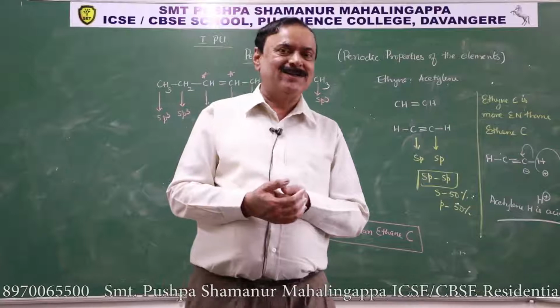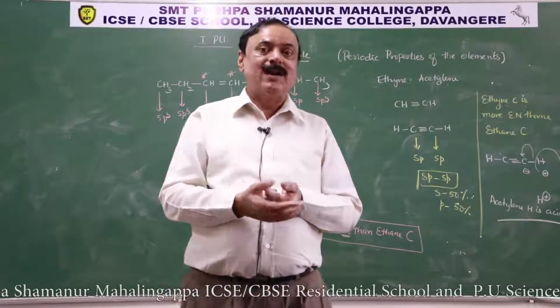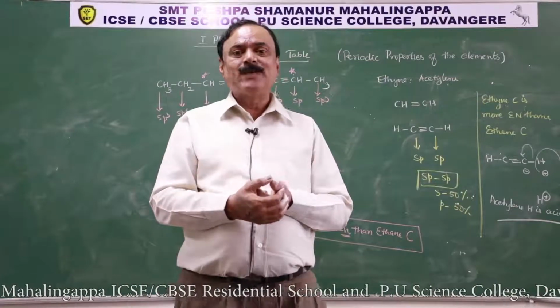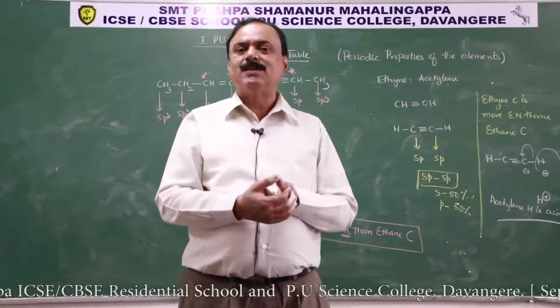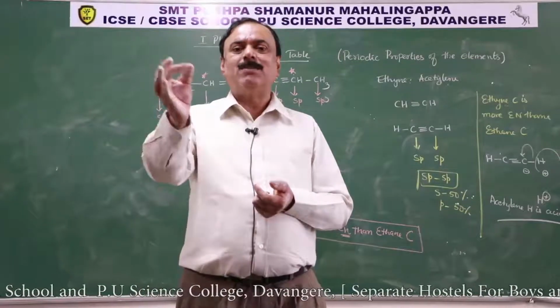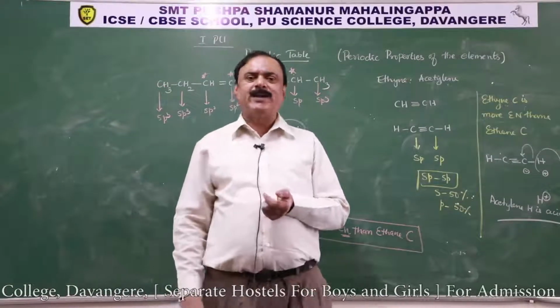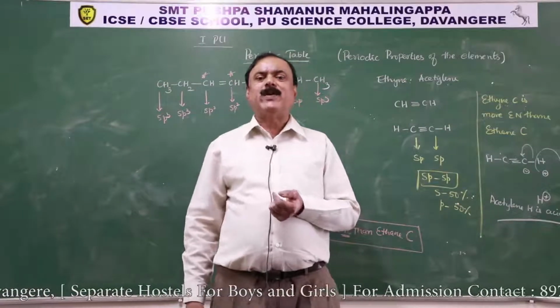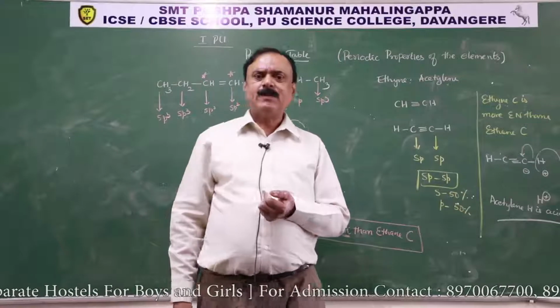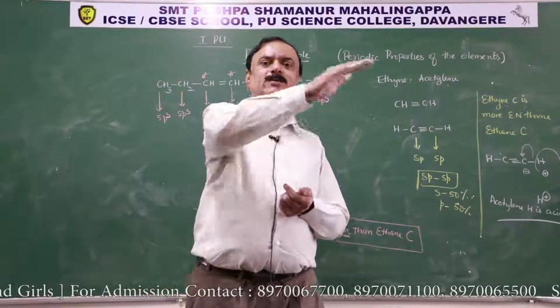Very important: does ethane react with sodium metal, or ethylene, or acetylene? Only acetylene reacts with sodium and gives bubbles of hydrogen. In your entrance exam they will ask which one of the following hydrocarbons gives bubbles of hydrogen with sodium metal: ethane, ethene, ethyne, or none of the above.